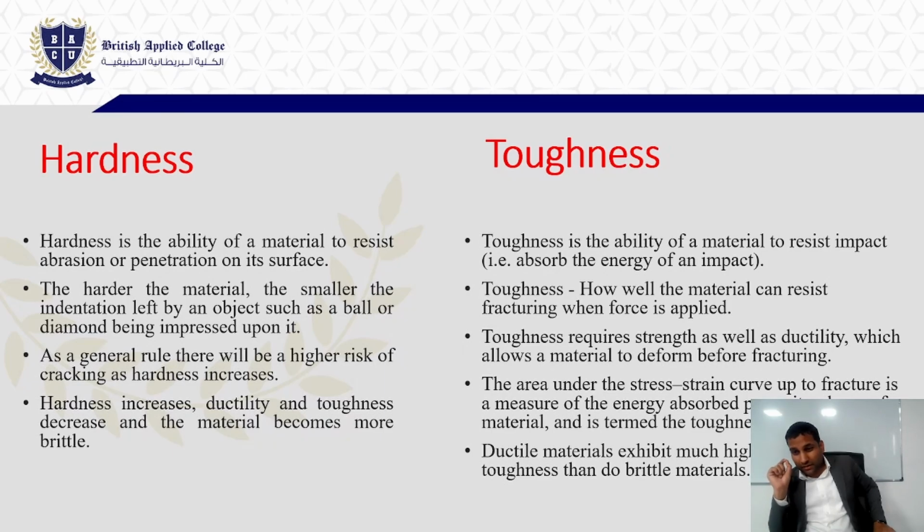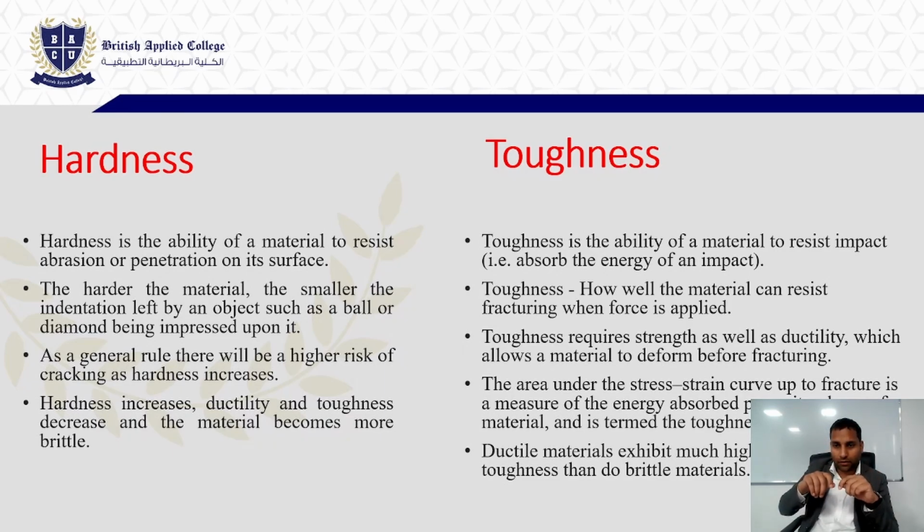The material particles are arranged in a homogeneous and isotropic format. We will talk about what the homogeneous and isotropic nature of a material is in later classes. But for now you need to understand that more hard means it will slowly become brittle, and as the material becomes brittle, it has less strength.